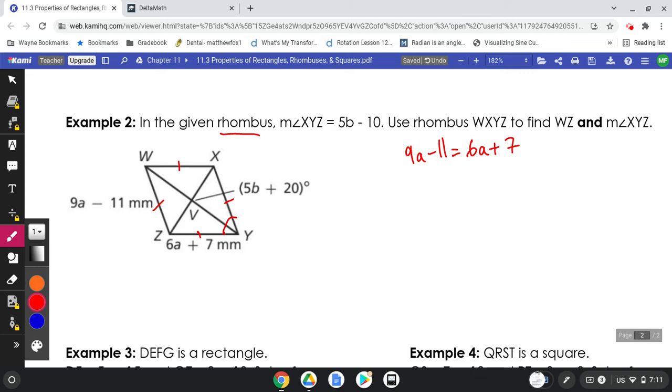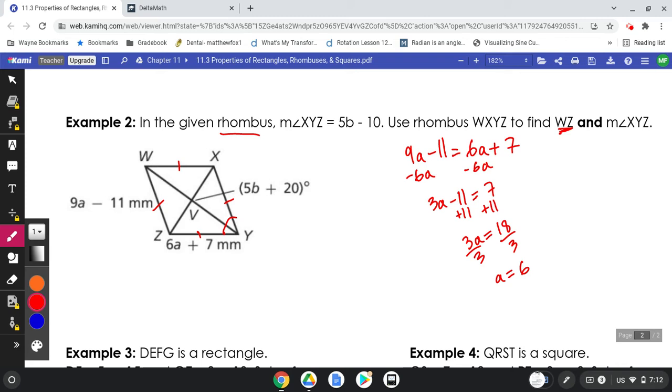Sorry, not just opposite sides, all the sides are the same. So these two sides would be the same. At this point now, just solve it using algebra. Then we'll add that 11 over. And from here, divide by 3, divide by 3. A will equal 6. We're not done though.